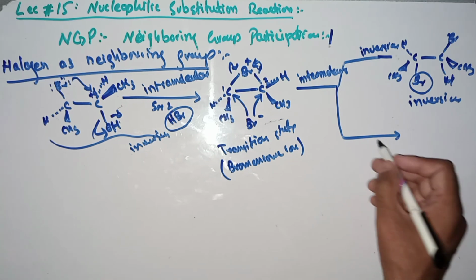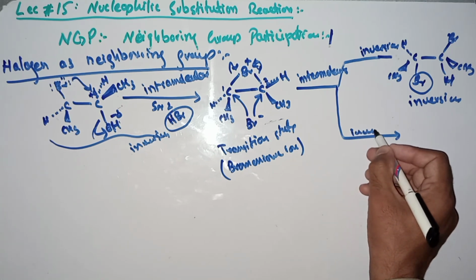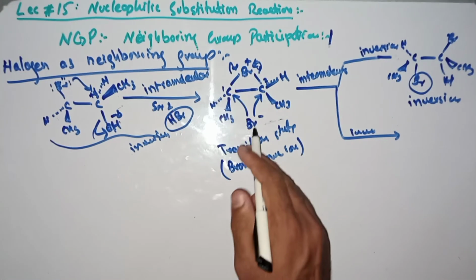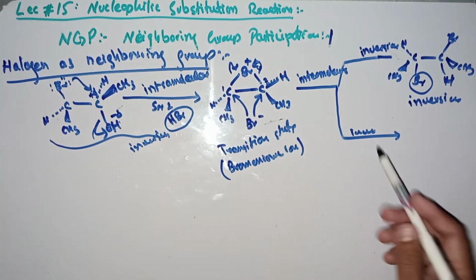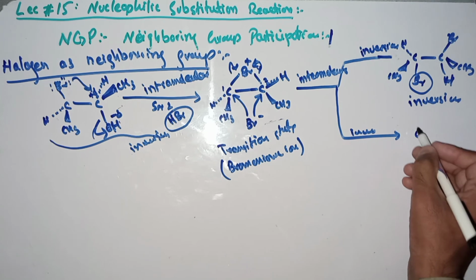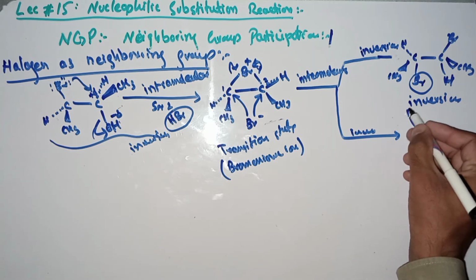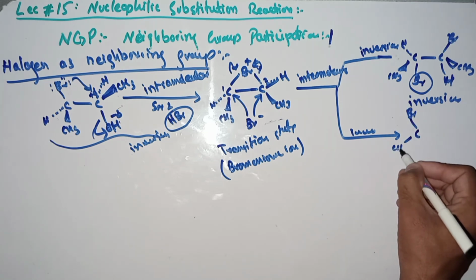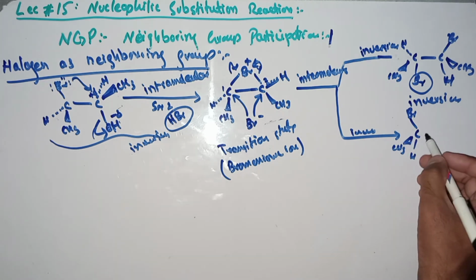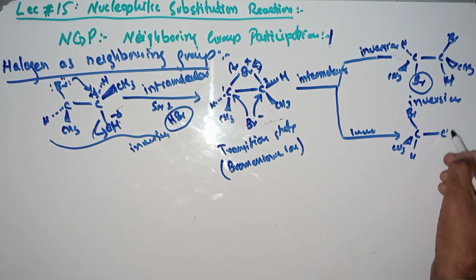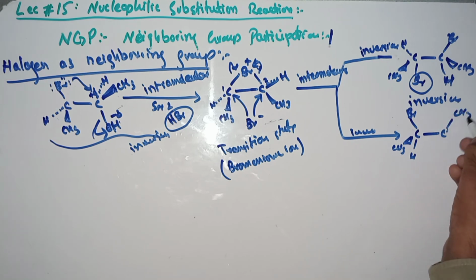Here also inversion takes place, because the nucleophile will attack the carbon opposite to the bond breaking. So the bromine will shift here, CH3, H, C, CH3, H. The new bond will be produced here.